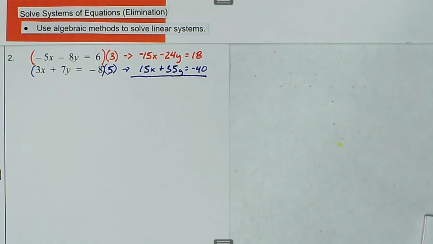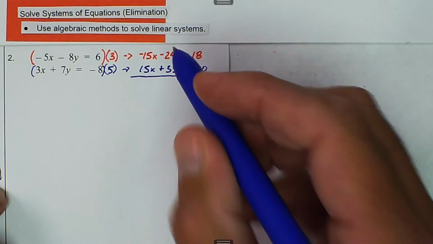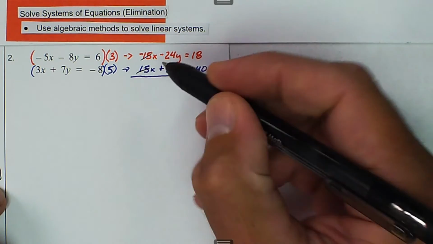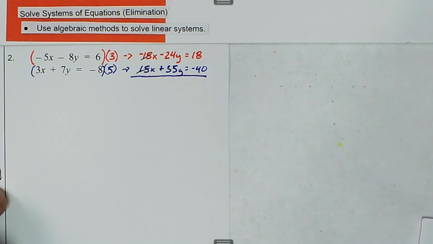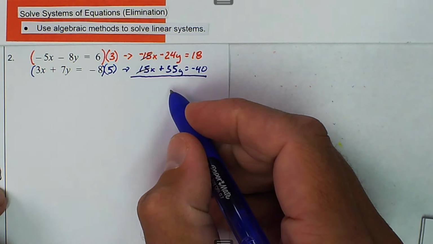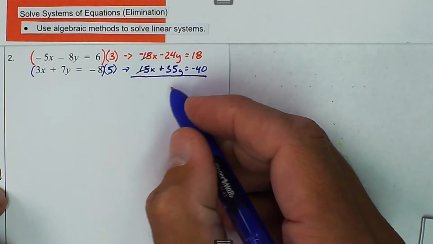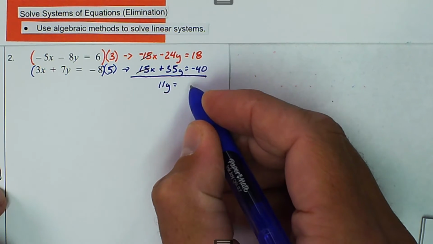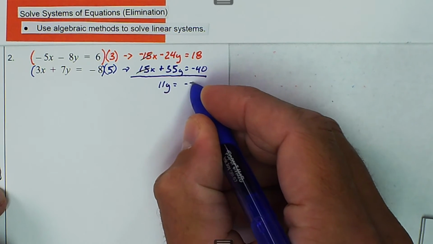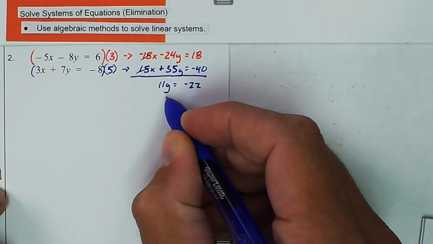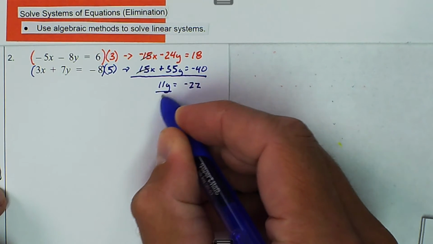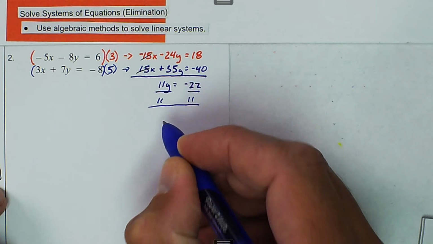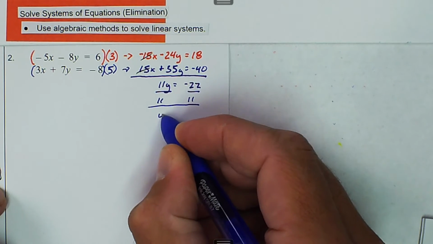So we can add these equations together, and the -15x and the +15x cancel each other out, and what we're left with is 11y equals -22. To get y by itself, we have to undo that. So we divide both sides by 11, and we get y equals -2.